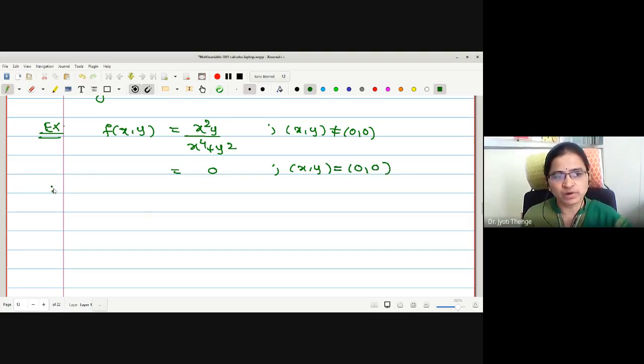Now what job will we do? First we will check whether the directional derivative at some point for the given function exists.